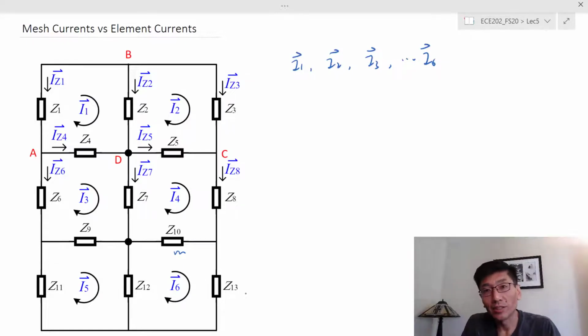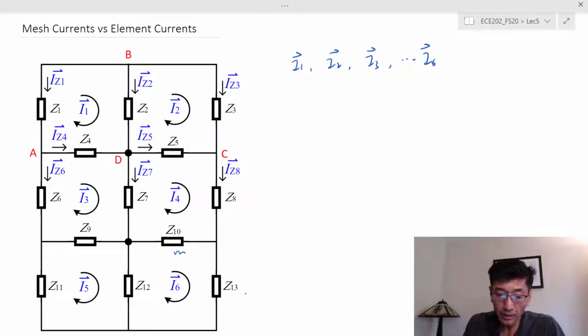That's 13, plus the KCL and KVL equations. I think the KCL would be 7, and the KVL equations would be 6. So you have 26 equations to solve simultaneously.